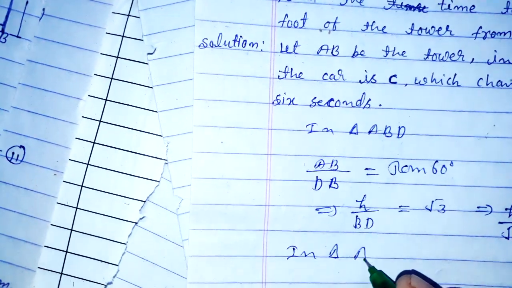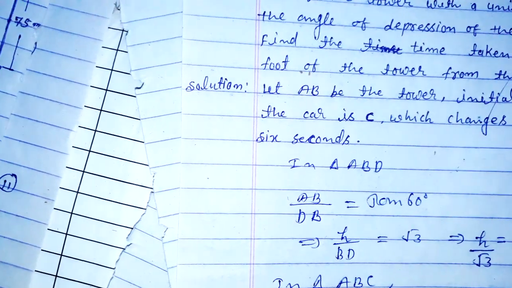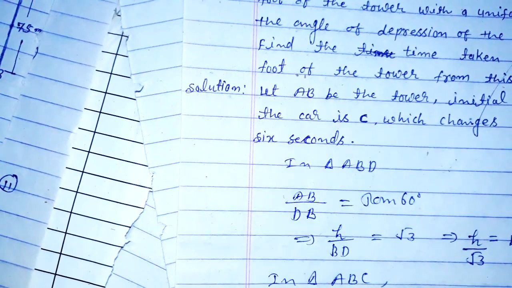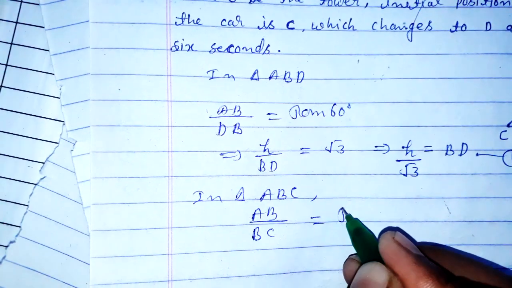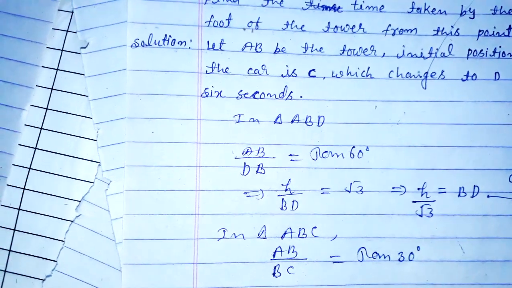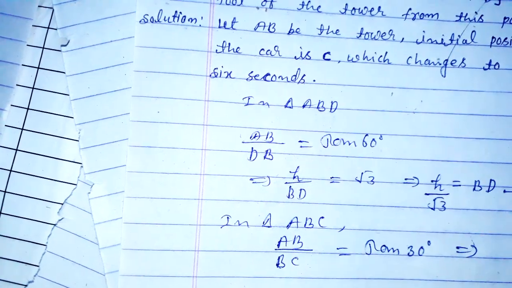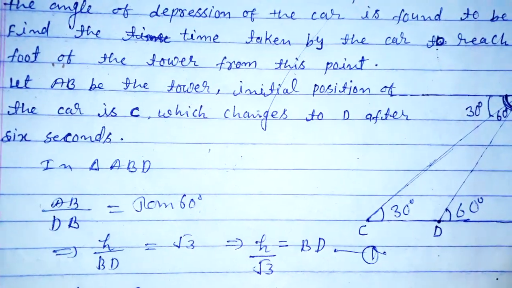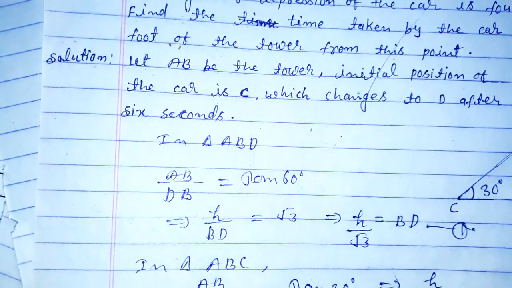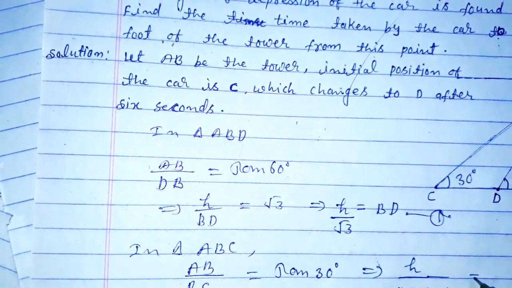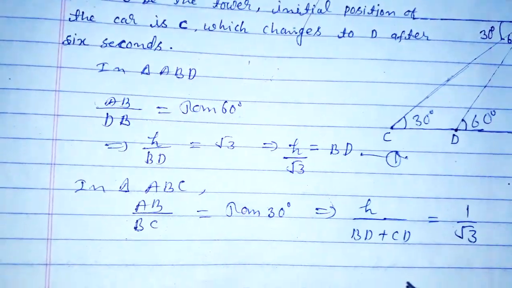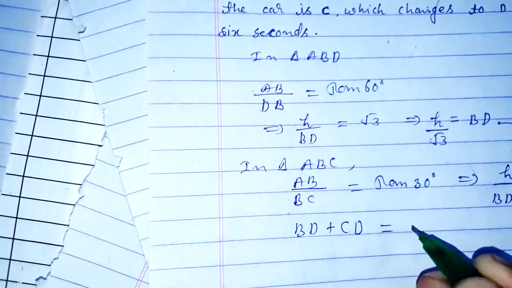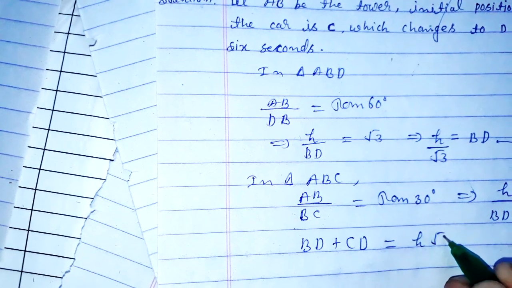Next, in triangle ABC, AB upon BC is equal to tan 30 degrees. So tan 30 is 1 upon root 3 and AB is H, and what is BC? BC is BD plus CD, so BD plus CD is equal to H root 3.